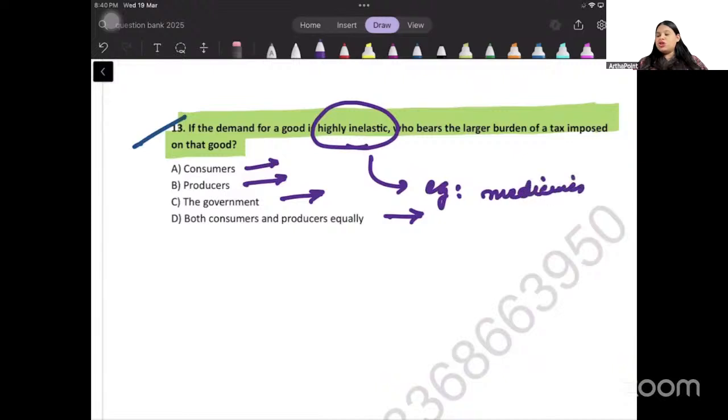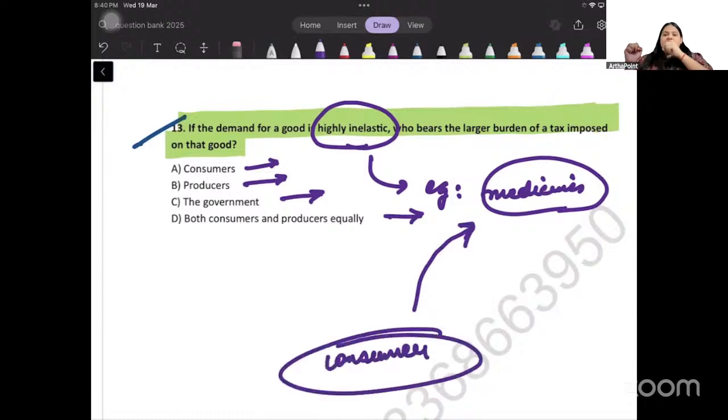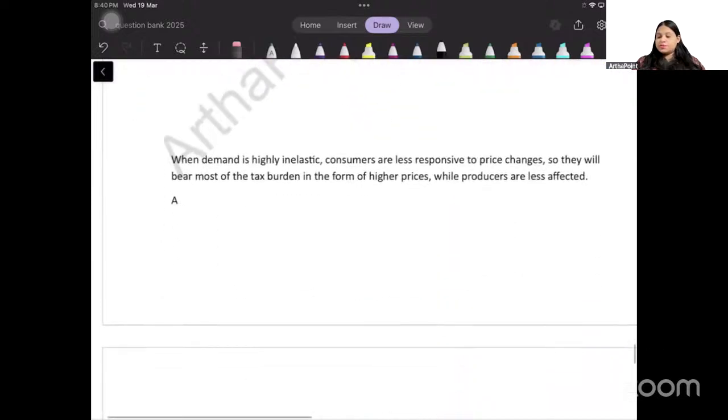You will not change the demand when price increases. अगर price बढ़ भी जाएगा तो आप demand change नहीं करोगे. तो इस केस में producer will put the burden on consumers, right? So all of you are correct. The correct answer will be A. The burden will fall on the consumers.